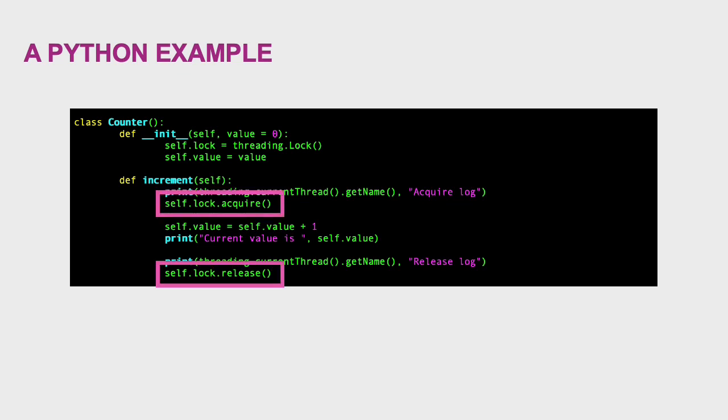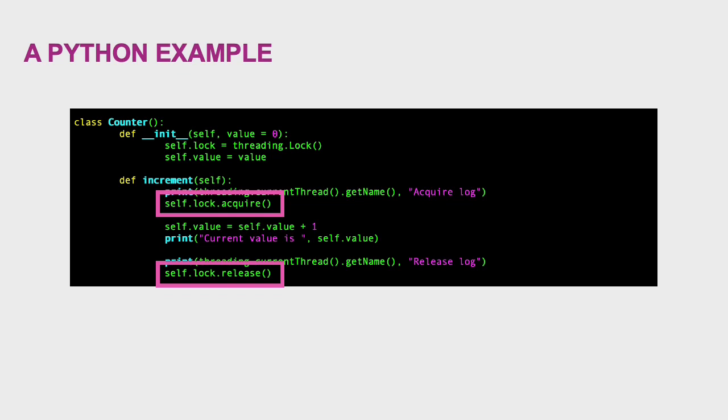Then we have the increment method. What happens in the increment method? Simple. We provide threads access to the shared resource. So this method is a critical section, and we need to protect the critical section and access to shared resources.